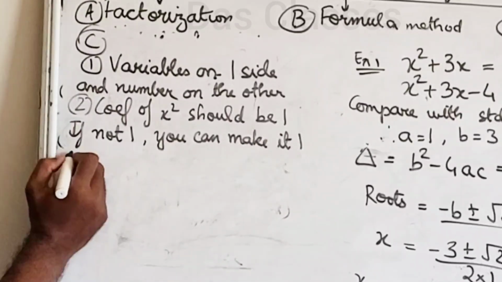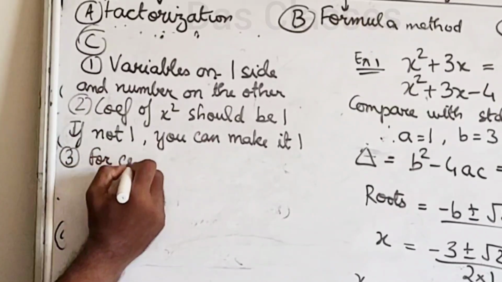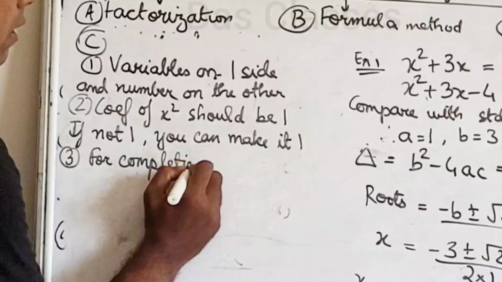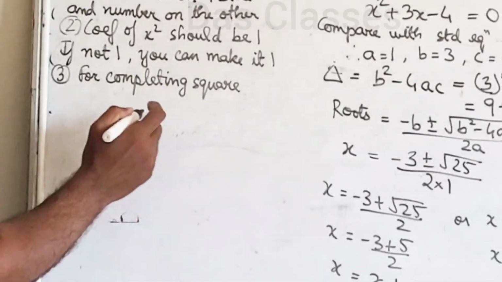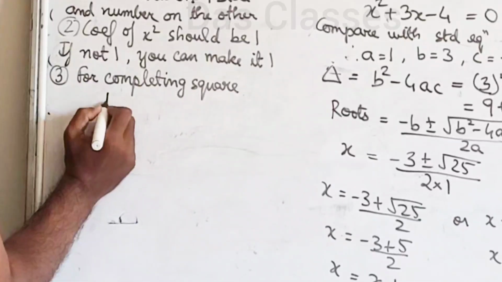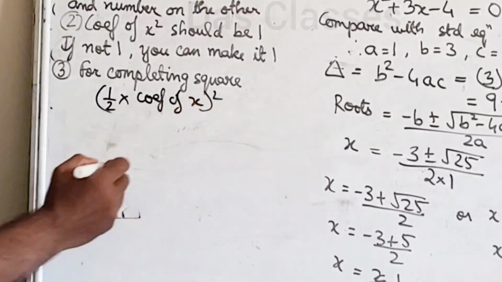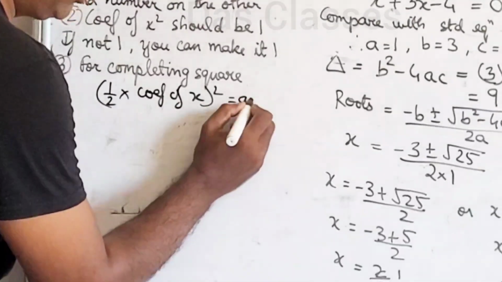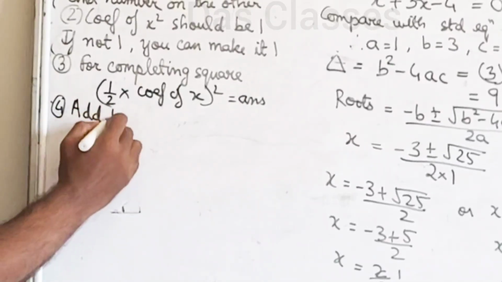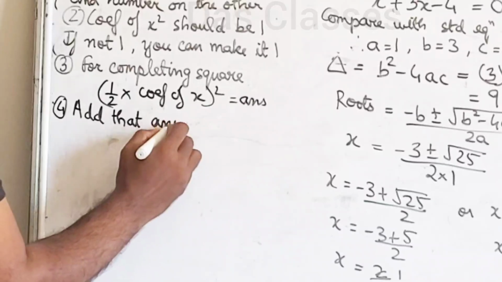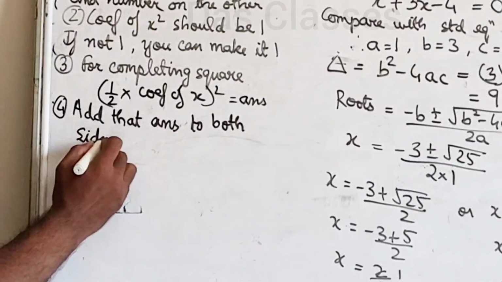Third step, you have to use the formula for completing the square. The formula is half into coefficient of x, bracket square, and whatever answer you get, you have to add that answer to both sides of the equation.